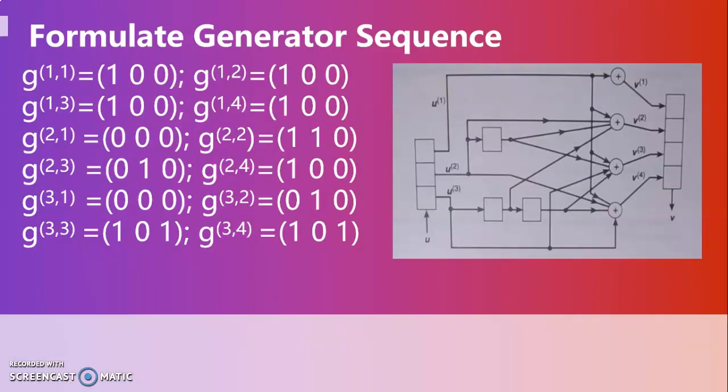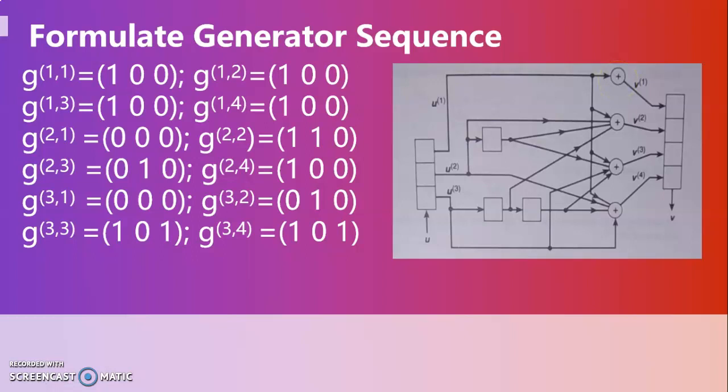So for our figure, consider the first case. The first input is directly connected to the first output. Here, see the link. There is no memory through this link. So the input is directly connected to this output.